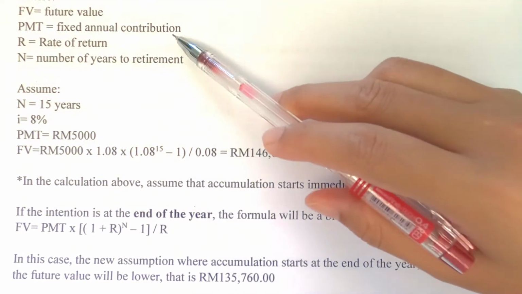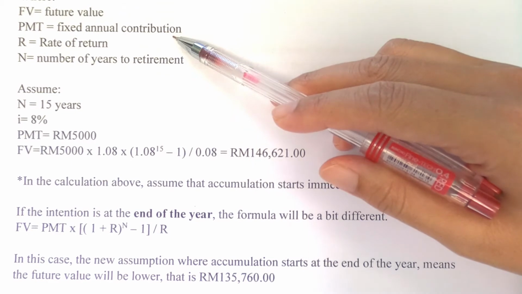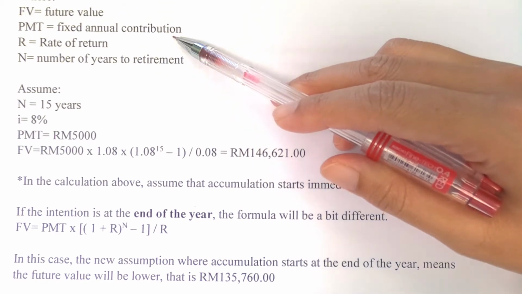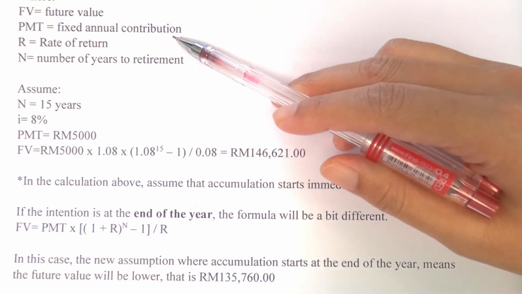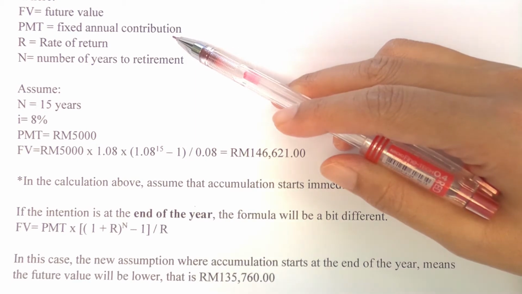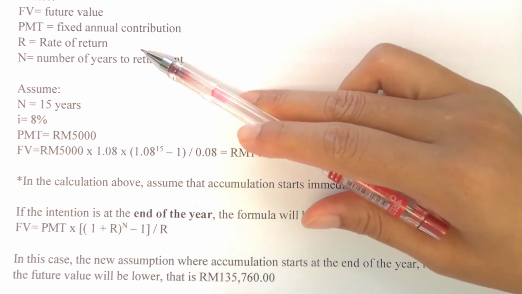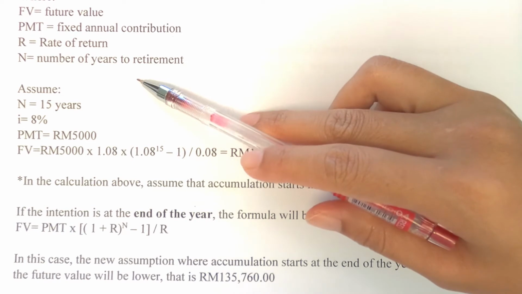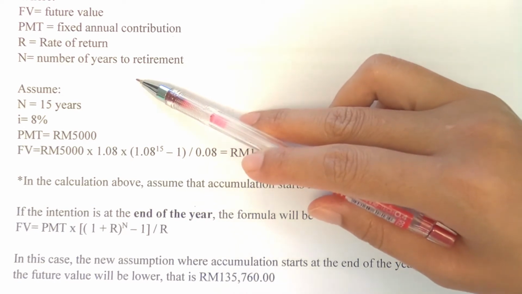The PMT is the fixed annual contribution that will be made every year by Mr. Rahmat. R is the rate of return, and N is the number of years to retirement.